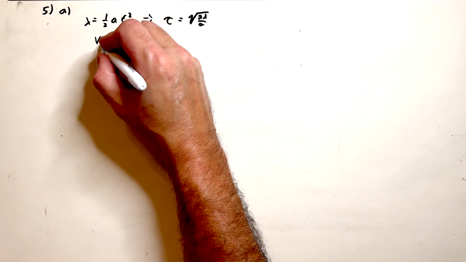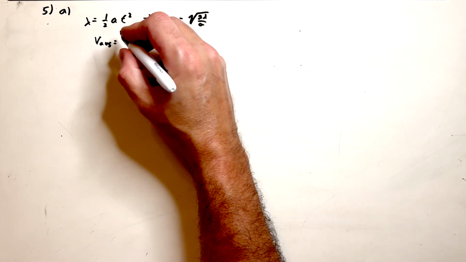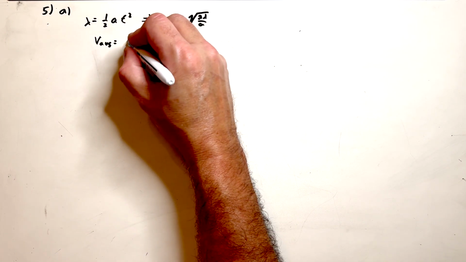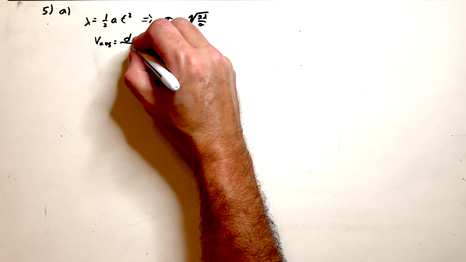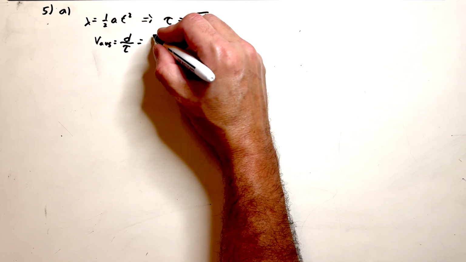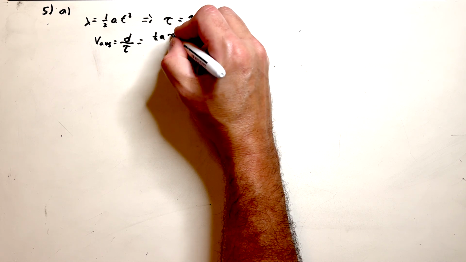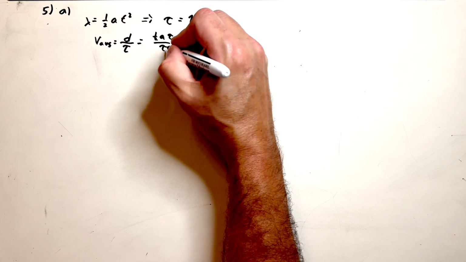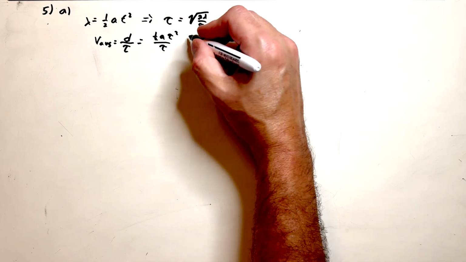So the average velocity is going to be equal to the distance traveled, we'll call it d, divided by the time taken, tau. The distance traveled is just 1/2 a tau squared, so I have 1/2 a tau squared divided by tau.